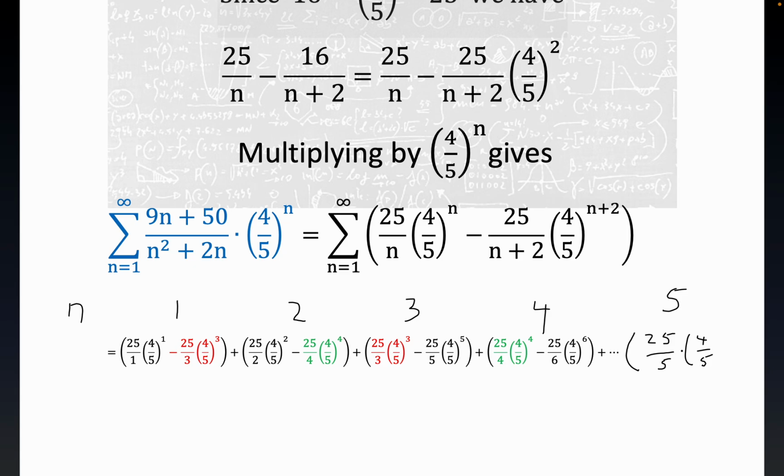I didn't do the second part, but you have 4/5 raised to the 5th power. There's something else here, but I won't even write it down. So now this one will cancel with this one. You can see how this pattern is going to continue ad infinitum. Notice I put the ellipsis right here.